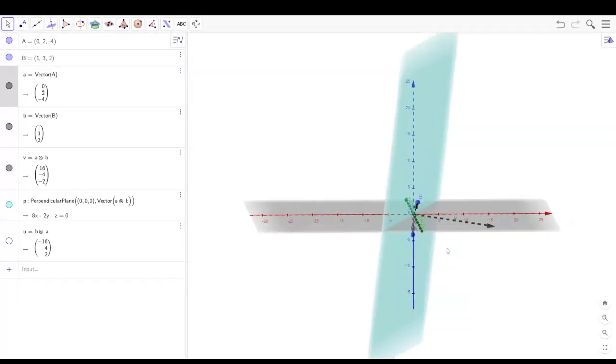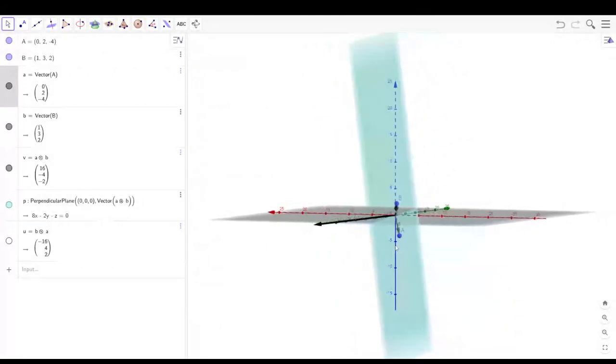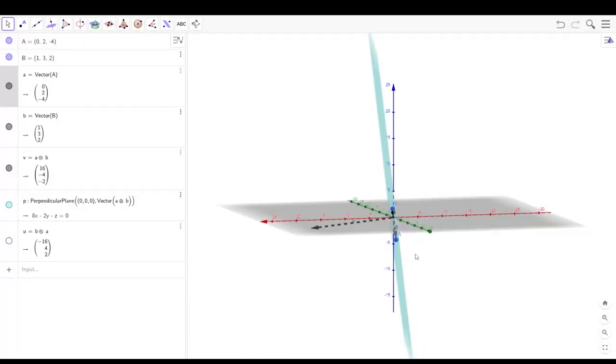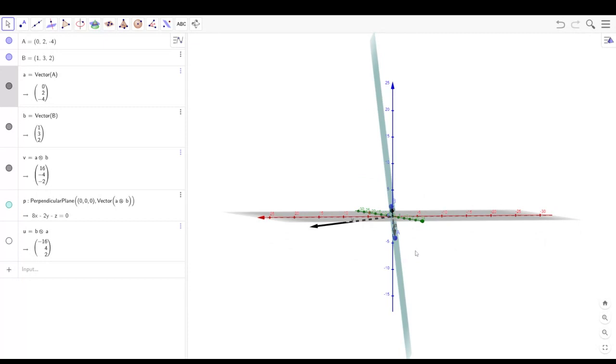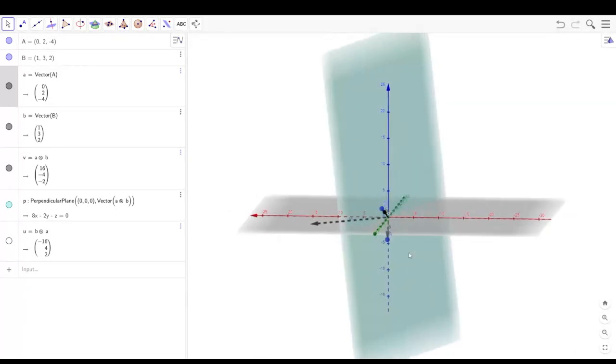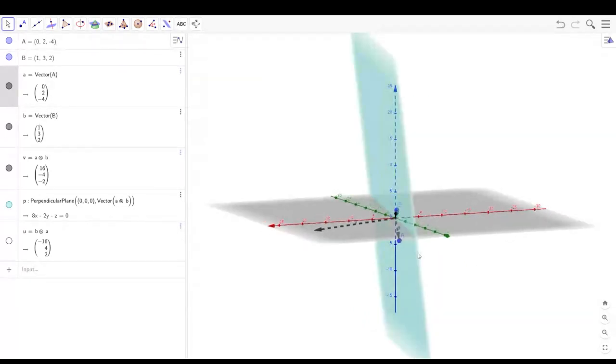You put the plane in that's spanned by vectors A and B, and what's that 3rd vector doing? It is normal to both the vector A and the vector B. So essentially, it's normal to the plane. Okay? So geometrically, that's what a cross product gives you.